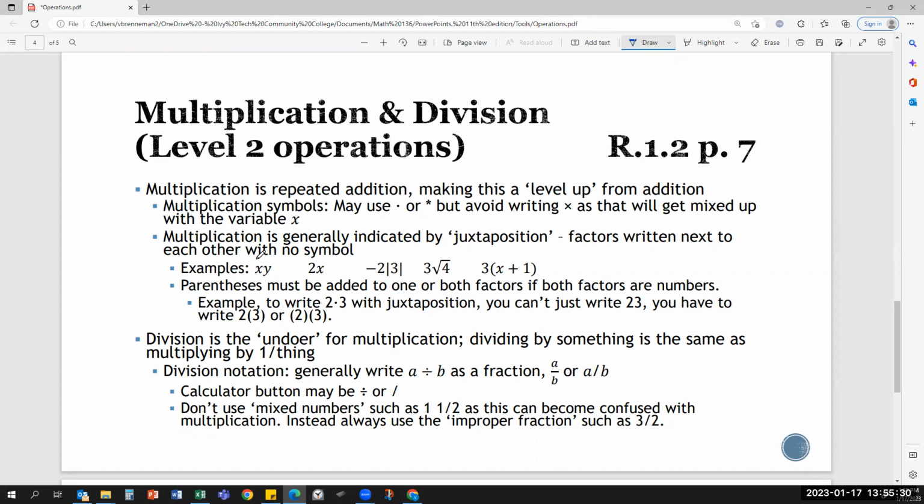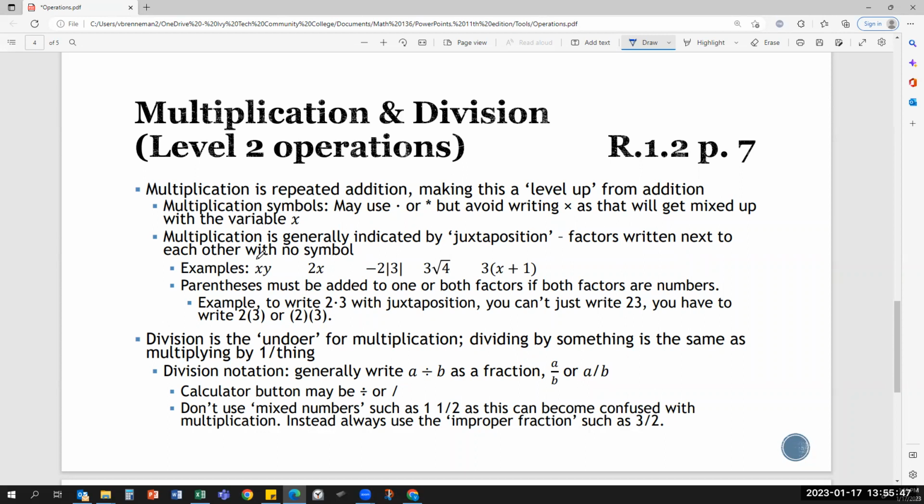And you see those parentheses there grouping the x plus 1, but parentheses are added generally if both factors are numbers, or if any of the factors have, again, multiple terms, like the x plus 1.